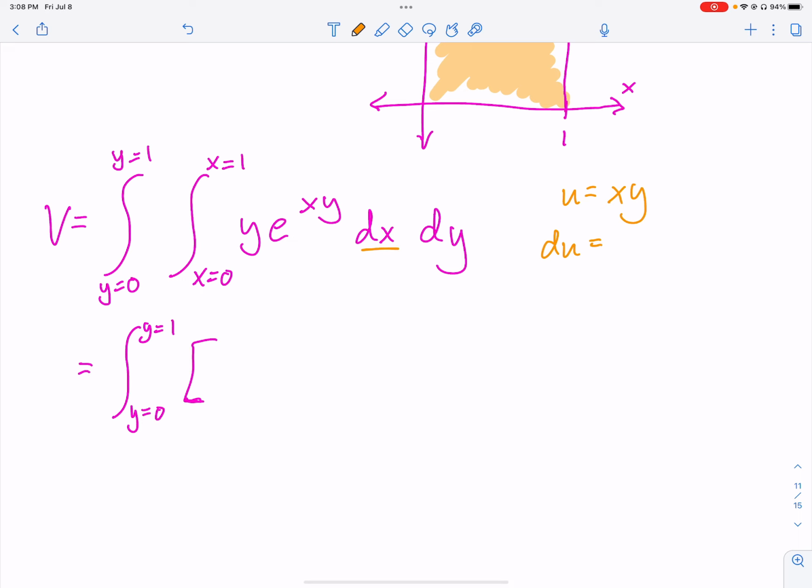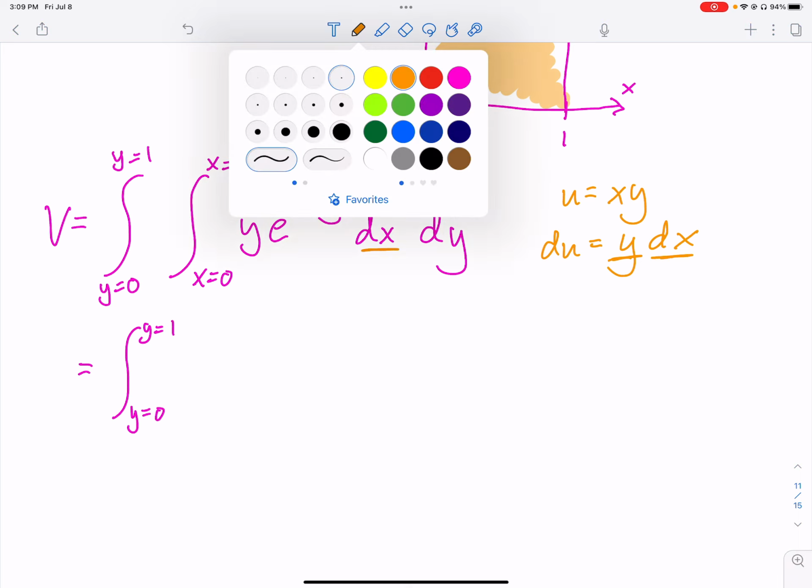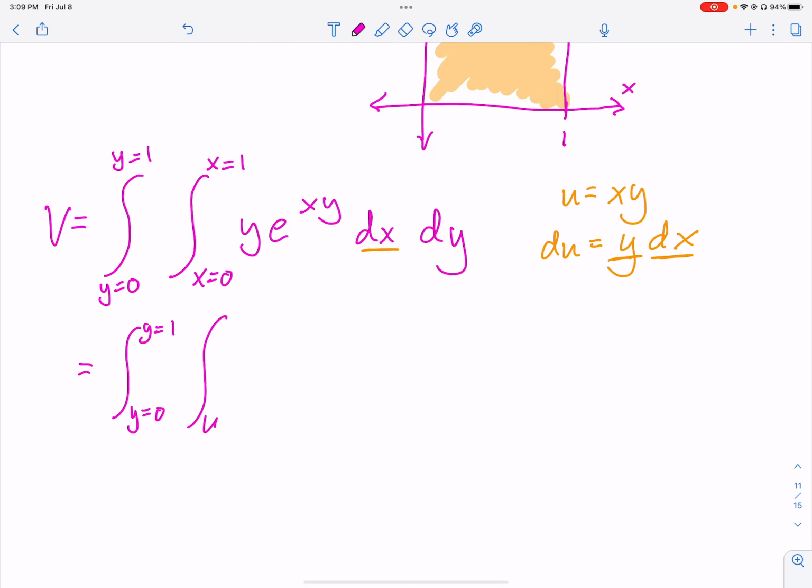This is with respect to x. That's what we have to think about. So this is the derivative of u, xy over here. Taking that derivative with respect to x is just going to give me a y, dx. So notice that is going to take care of the y and the dx. I'm not going to take the integral yet here, so we'll do u's now.